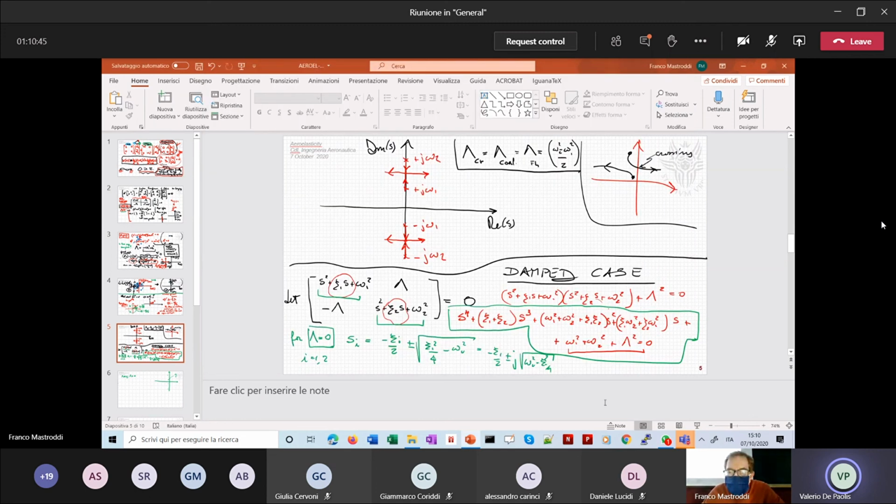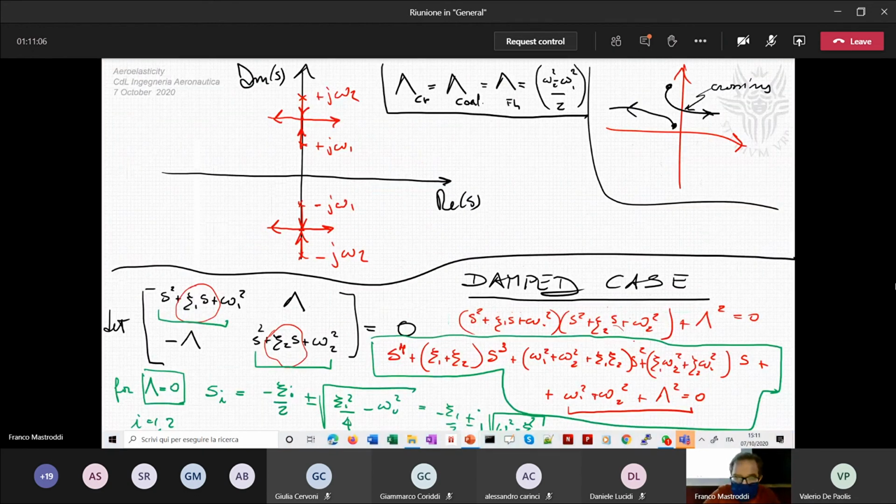Have the two branches. Like here, we are talking about this. Not the root locus, but just the real part versus the parameter. Here you have lambda, and here you have the real part.